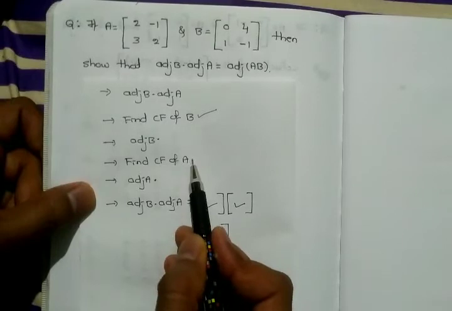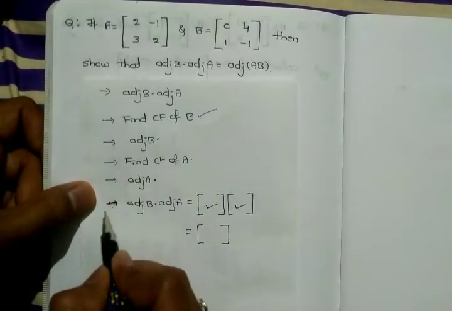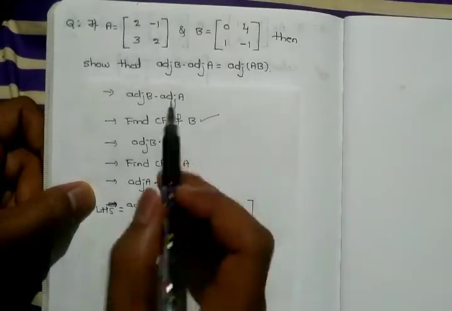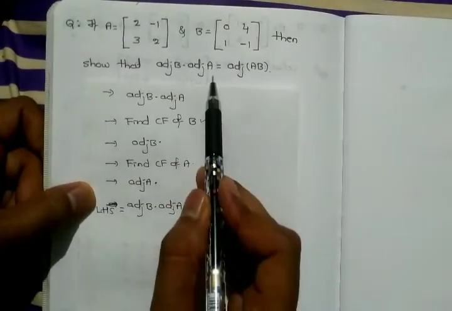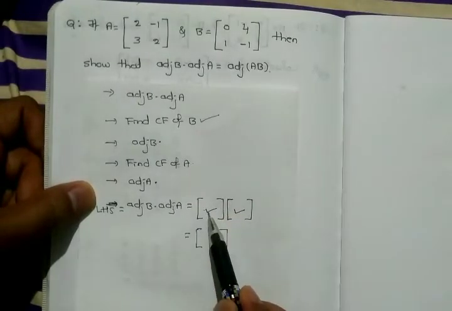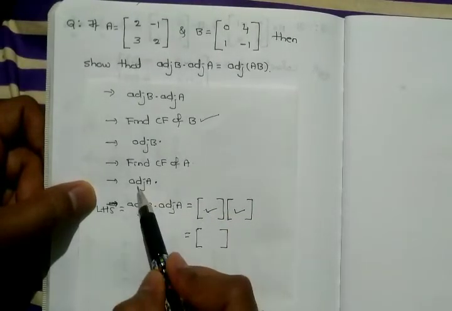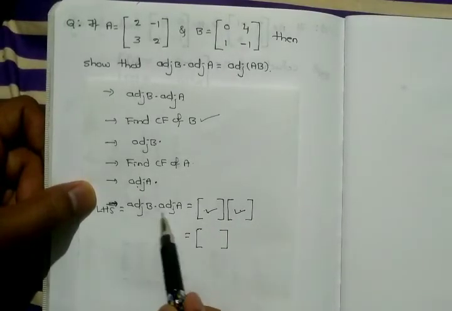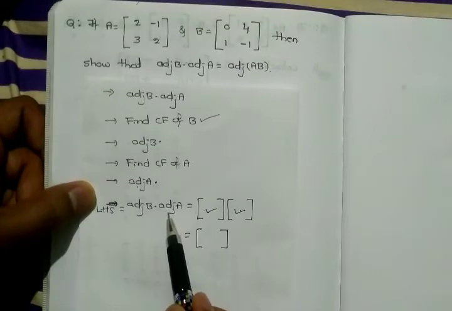So the left hand side is adjoint of B into adjoint of A. Note down the adjoint of B value and the adjoint of A value here. Multiply these two, and you will get the value of adjoint of B into adjoint of A.